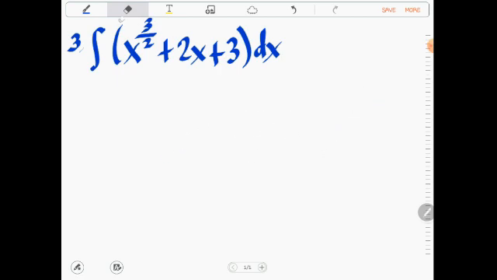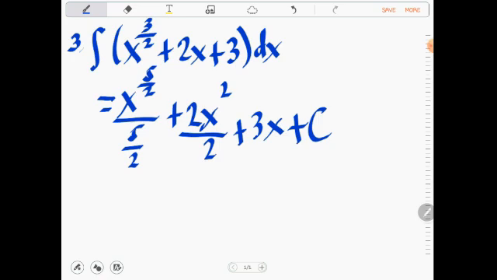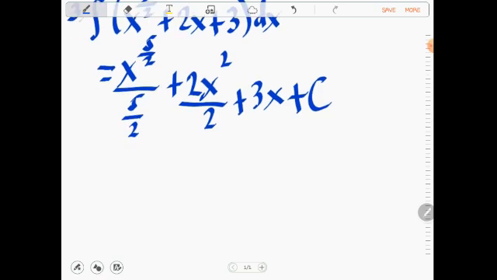Okay? So, in this case, this will be equal to x raised to 5 over 2 all over 5 over 2, plus 2x squared all over 2, plus 3x plus the arbitrary constant na c. So, ngayon, yung ating denominator ay fraction. So, pwede natin siyang i-reciprocal.